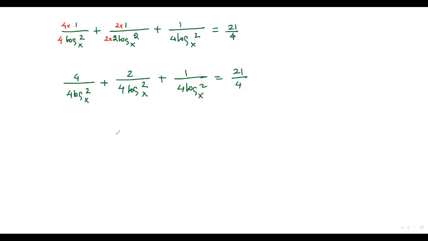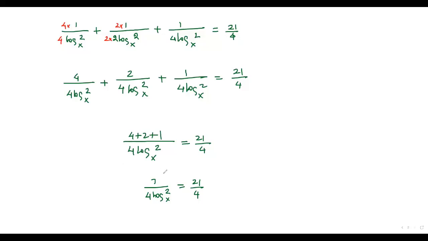So we can take the denominator in common and we have to add the numerators. So we get 4 times log 2 to the base x. We get 4 positive 2 positive 1 equals 21 over 4. When I combine these 3 numbers, I'll be getting 7 over 4 times log 2 to the base x equals 21 over 4.